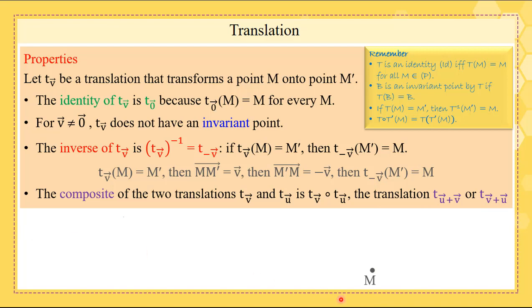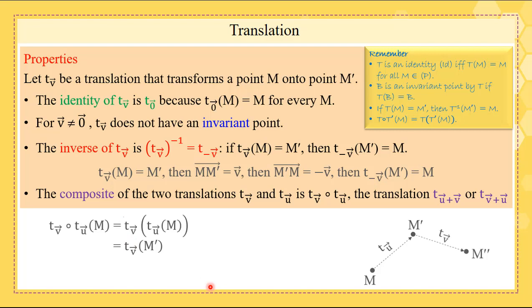Here we have a point M, and you know that the composite of the two translations T_v vector and T_u vector of the point M is equal to the translation by vector v of the translation by vector u of the point M. If we suppose the translation by vector u of the point M is equal to M prime, we get the translation by vector v of M prime.